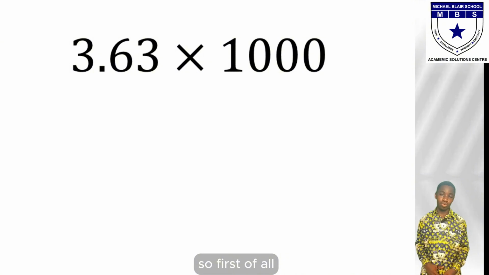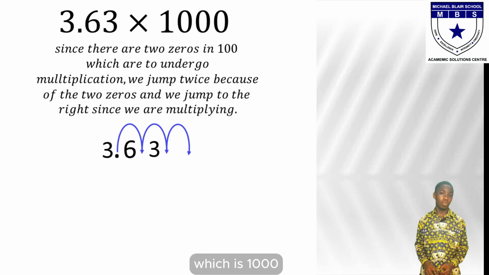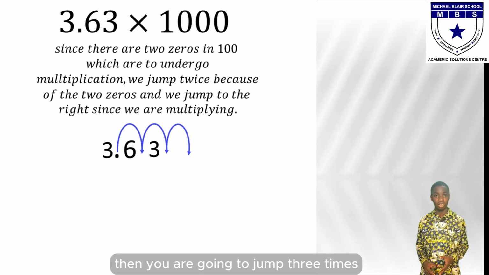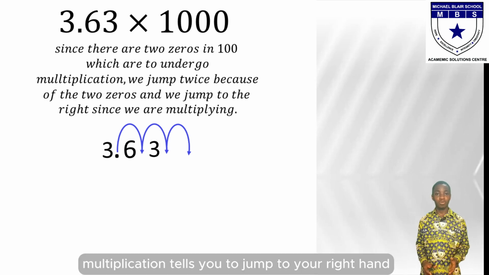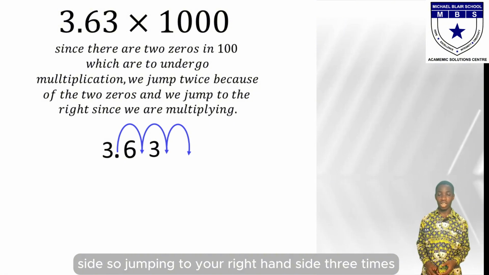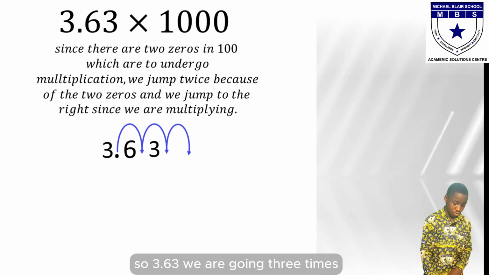First of all, there are 3 zeros in the given power of 10, which is 1000. So you are going to jump 3 times. Multiplication tells you to jump to your right hand side. So 3.63, we are going 3 times.